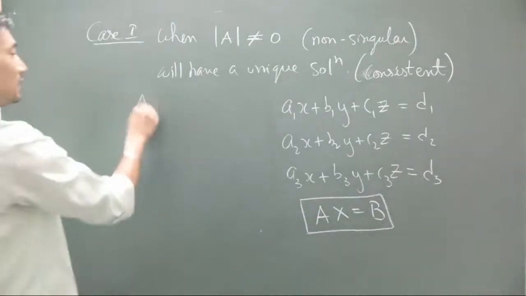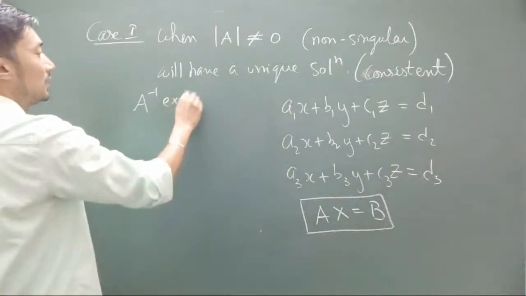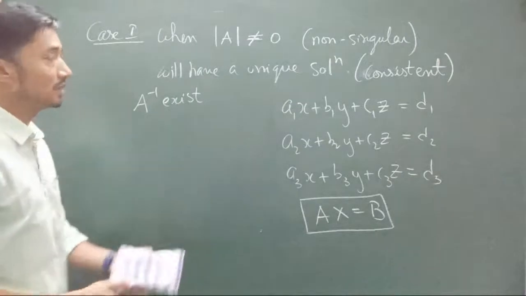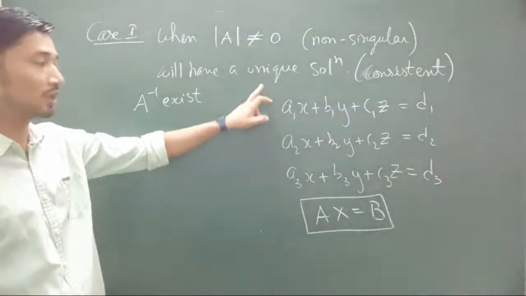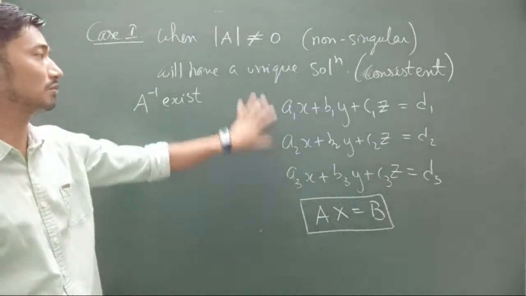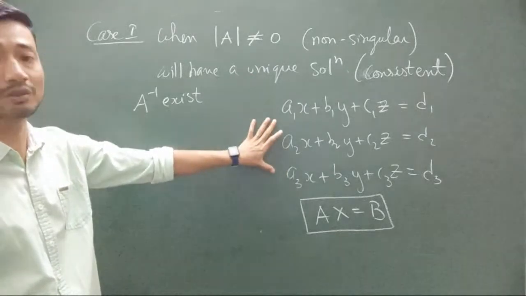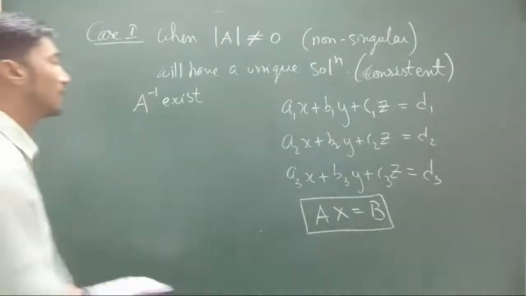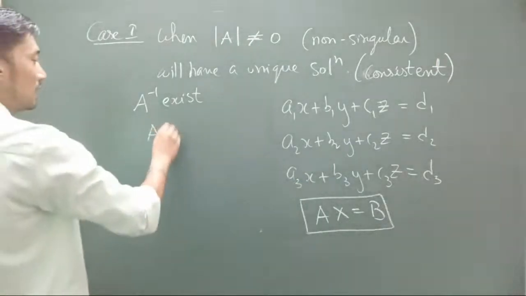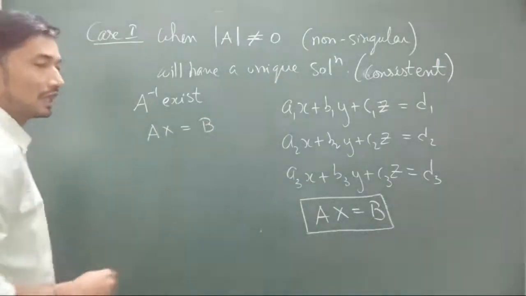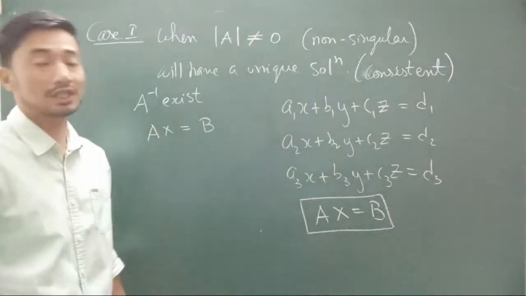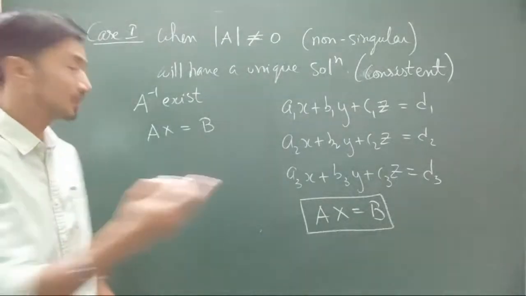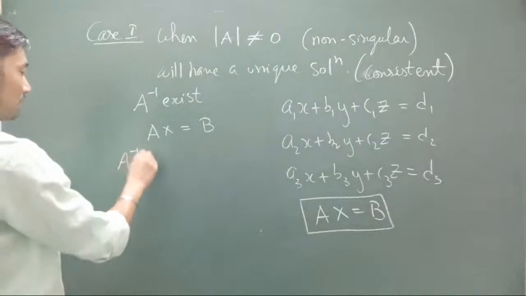And of course in that case A inverse also will exist. So it will have a unique solution, and that is where we will use the concept of matrix to solve the system of equations, that is to find the variables x, y and z. How do we do that? Ax equal to B. Remember in the last class I told you about post multiplication by A inverse. Here we will pre-multiply by A inverse.